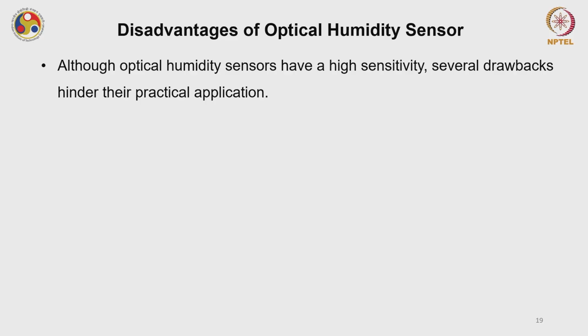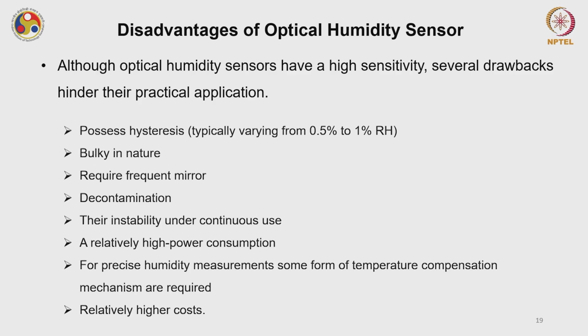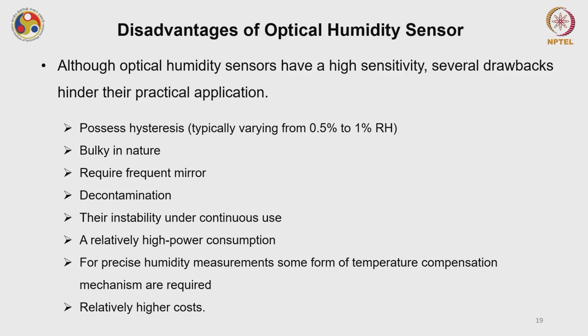However, these devices have certain disadvantages also, like a good amount of hysteresis. Typically this hysteresis is of the order of 1%, which is not recommended in many industrial processes.